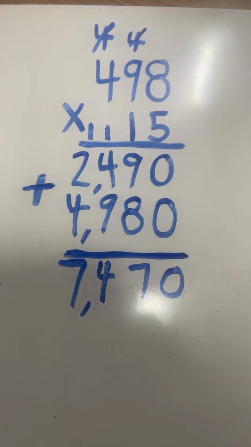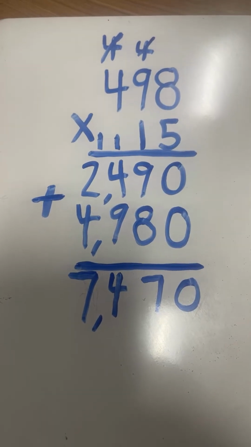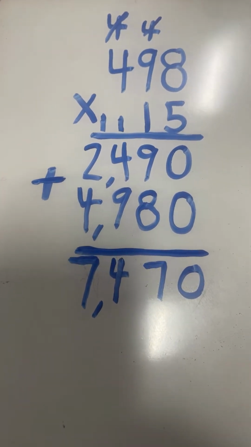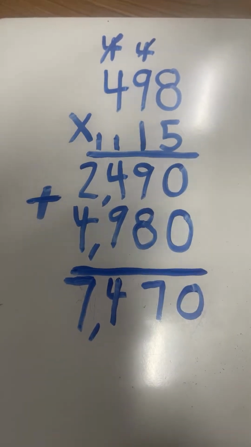And we have our final answer. 498 times 15 equals 7,470.